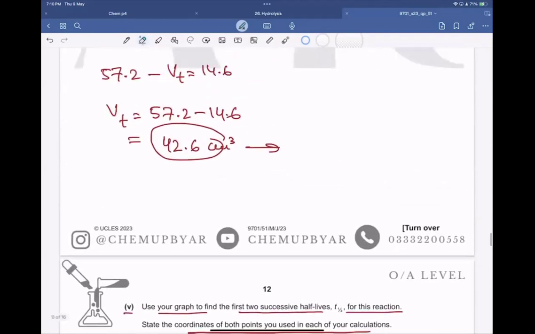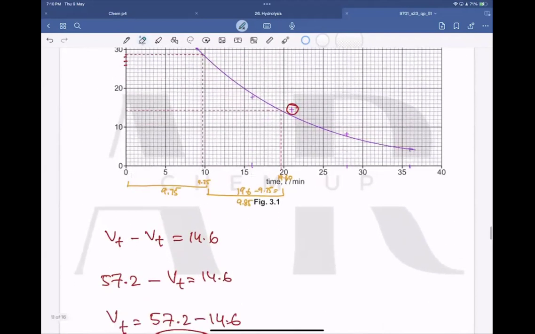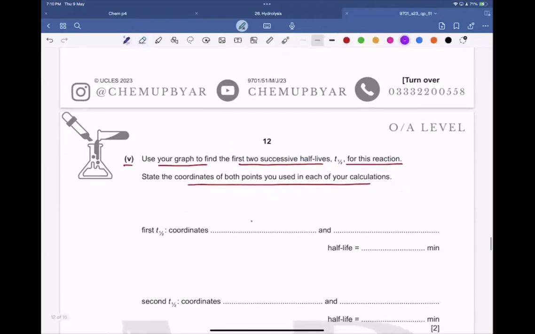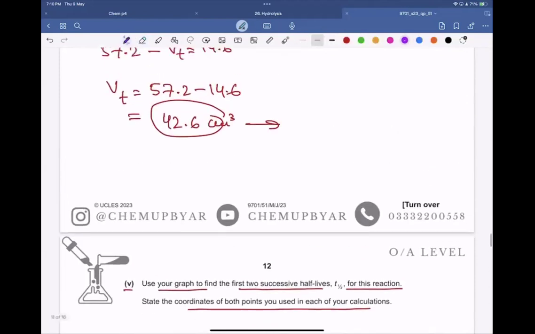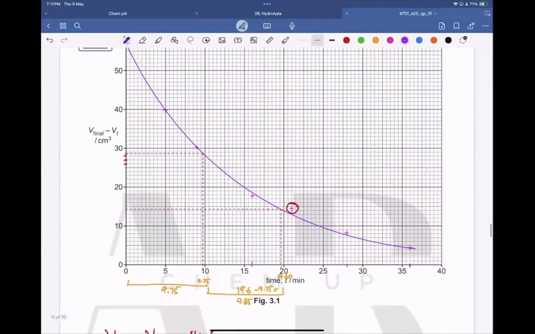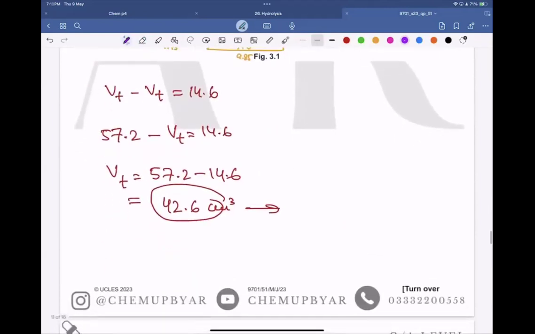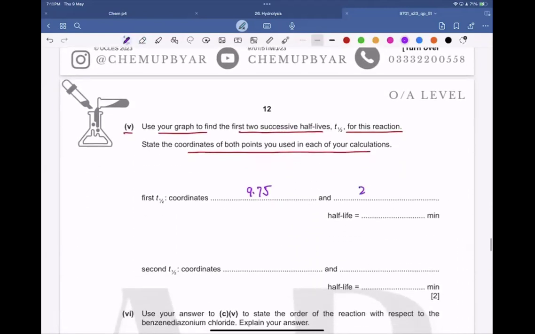Okay, so over here it is 9.75 and it's 28.6, right? And then 19.60 and 14.3.